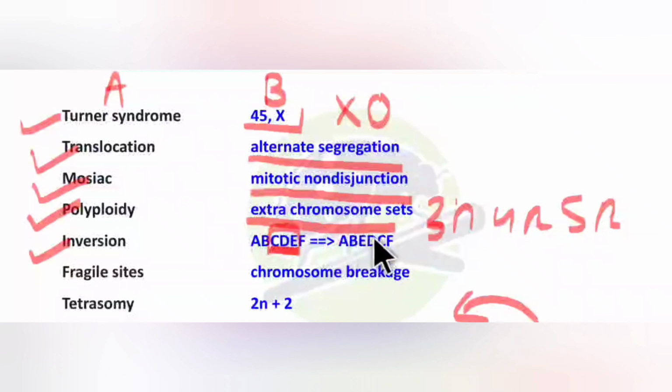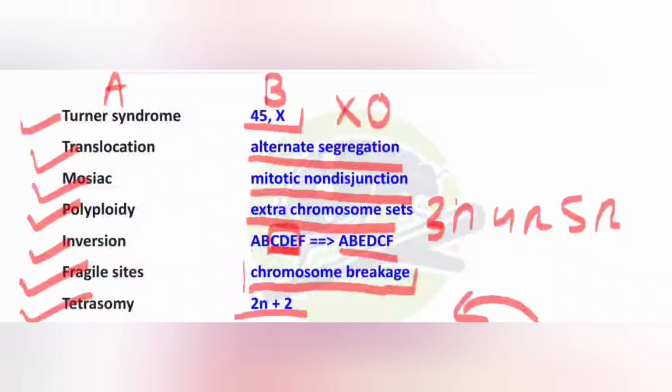It means E, D, C, that is 180 degree का rotation हो गया, and this is known as inversion. Now fragile sites are susceptible to chromosomal breakage. Tetrasomy is 2n plus 2.